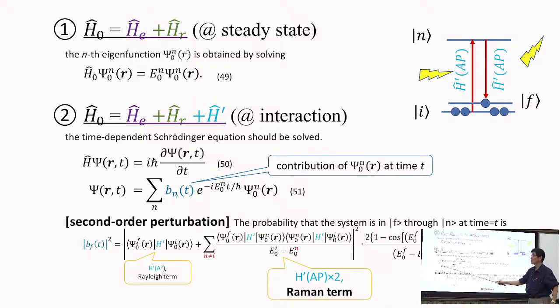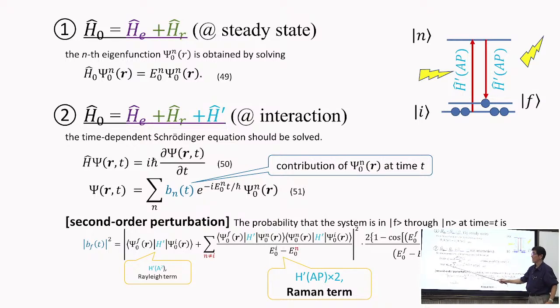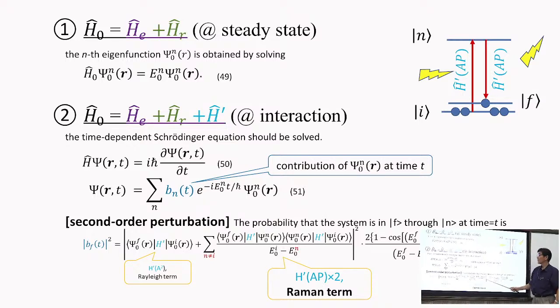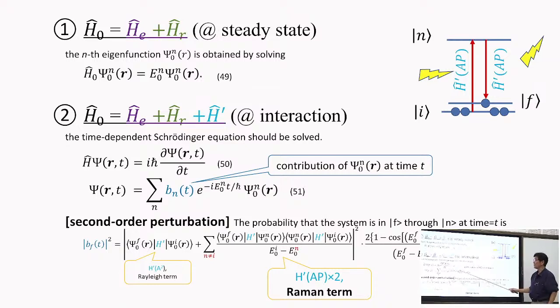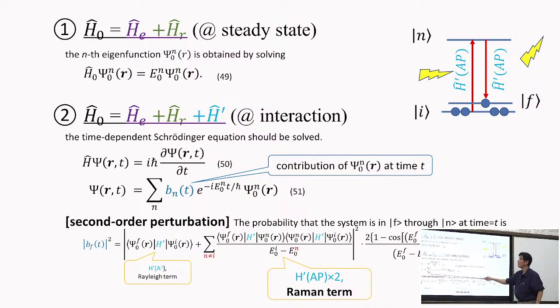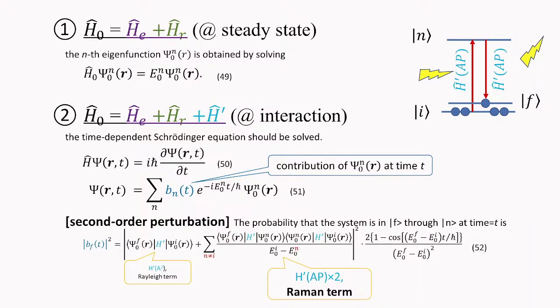In the first case, the wave function is a function of the position vector r only, but now it is time dependent. So the state of the molecule becomes a function of the position vector r as well as the time t. This wave function should be described by using psi 0 n of r, and the contribution of each wave function in the steady state should be summed up.